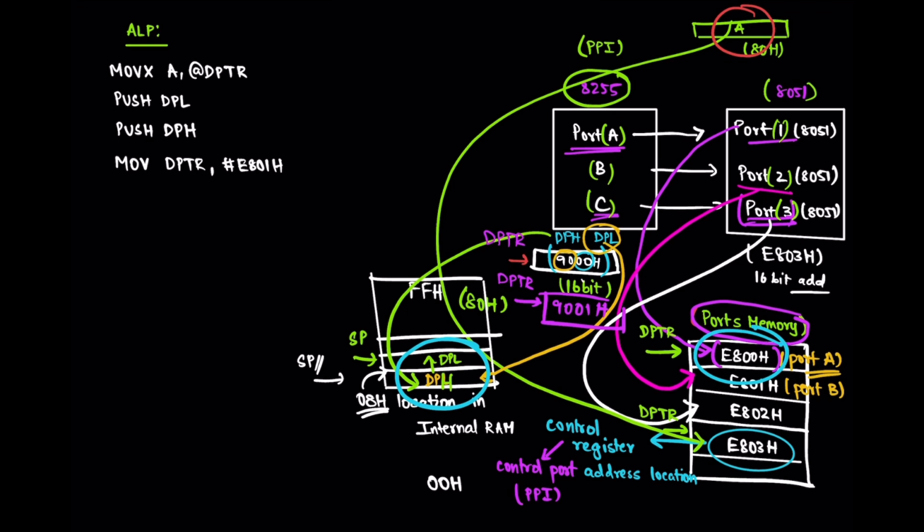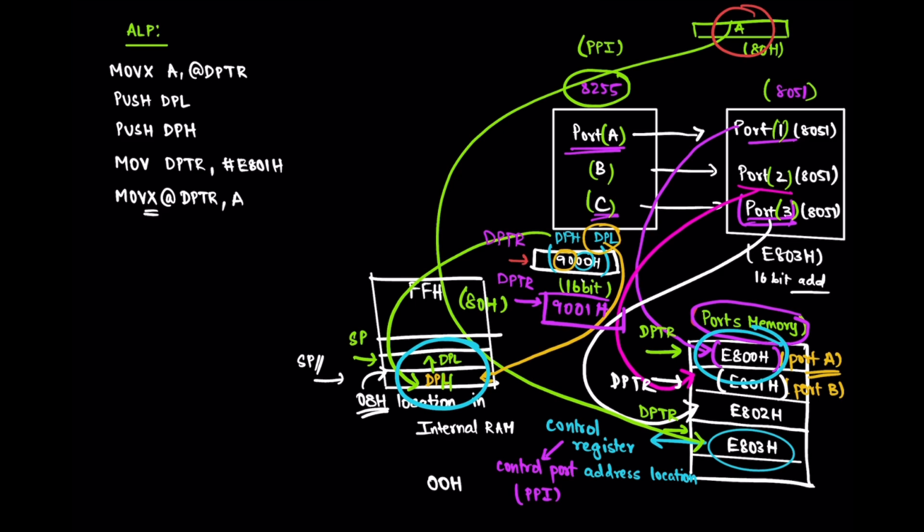E801H. So once DPTR is in this location, I have to send whatever I have in accumulator to the DPTR pointed location, and for that I have to write MOVX @DPTR, A, MOVX because we are accessing external memory. Now we have the value at E801H, but now we want the DPTR to jump back to 9001H, and at the same time I want the value to get stored in E801H.